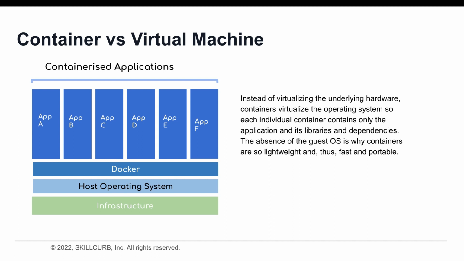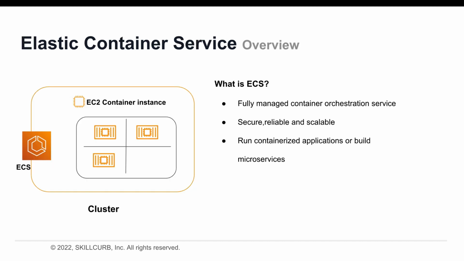Instead of virtualizing the underlying hardware, containers virtualize the operating system, so each individual container contains only the application, its libraries, and dependencies. The absence of the guest operating system is why containers are so lightweight, and thus fast and portable. Containers provide the isolation benefits of virtualization, with less overhead and faster starts than virtual machines.